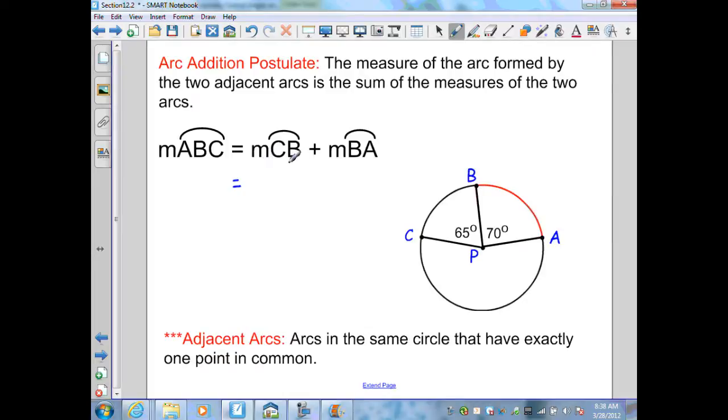Therefore, the measure of arc CB is equal to 65 degrees, plus the measure of arc BA, which is 70 degrees, and I find their sum, which is 135 degrees, the measure of arc ABC. And this still is a minor arc because it is not greater than 180 degrees.